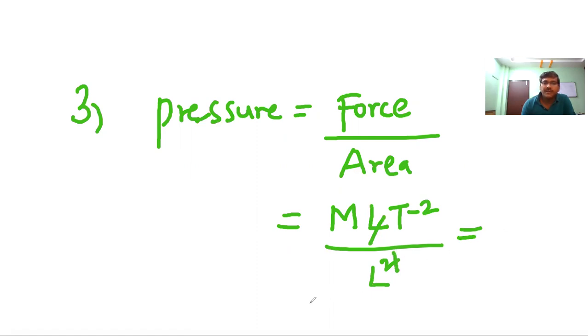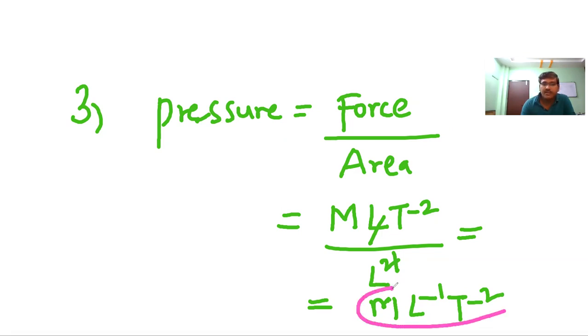On simplification, it becomes M, L to the power of -1, T to the power of -2. That is the dimensional expression for the pressure: M L^-1 T^-2.